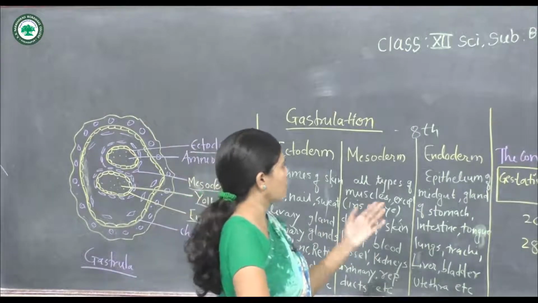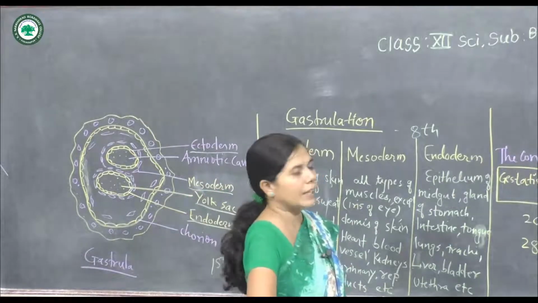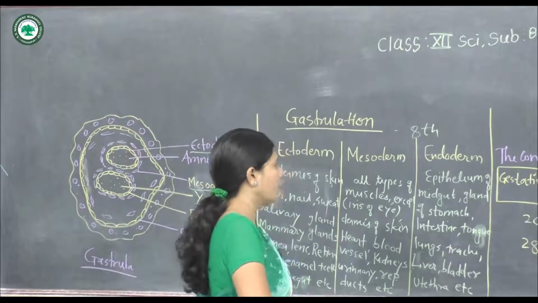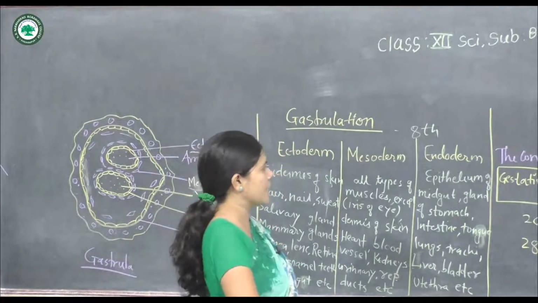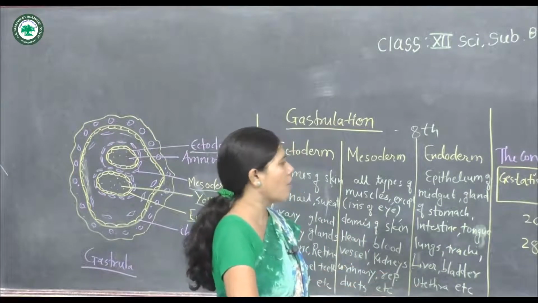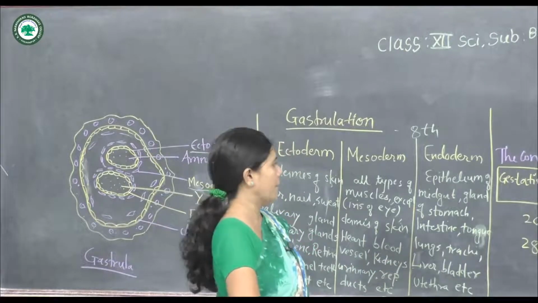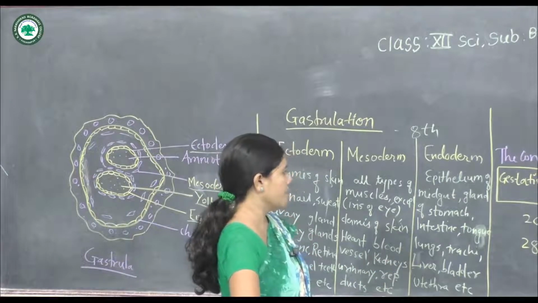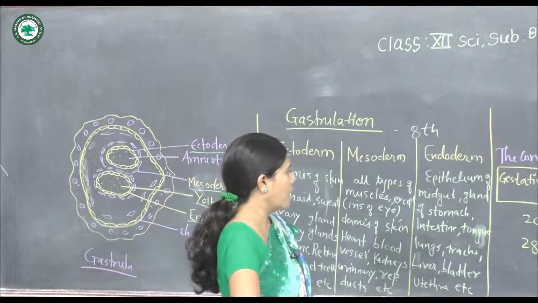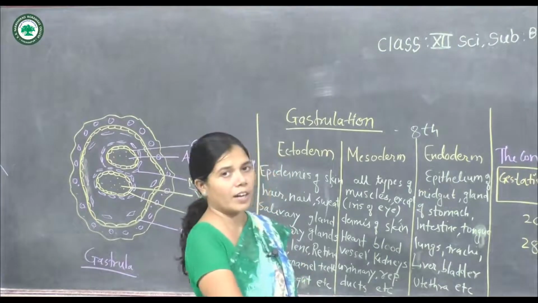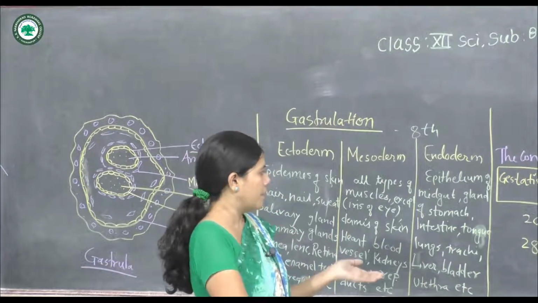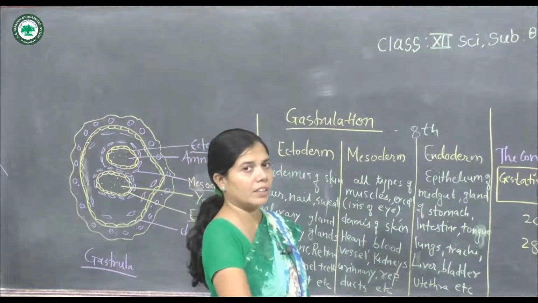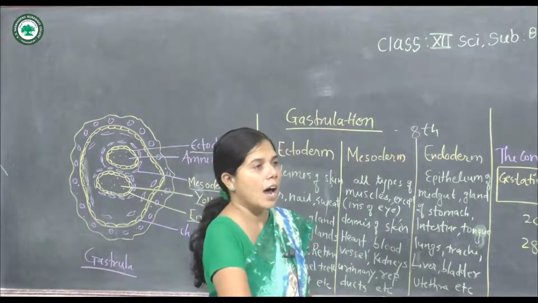From the endoderm, the epithelium of the midgut, glands of the stomach, glands of the intestine, the tongue, intestine, lungs, trachea, bronchi, liver, urinary bladder, urethra and vagina are formed.